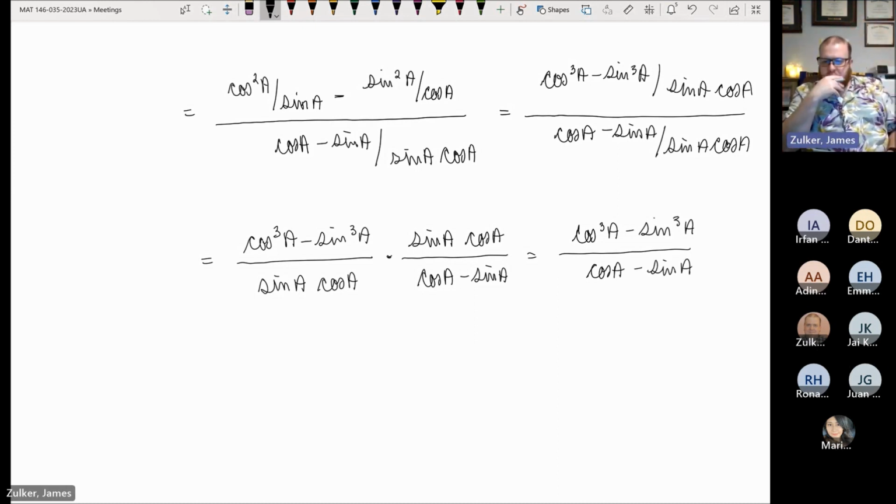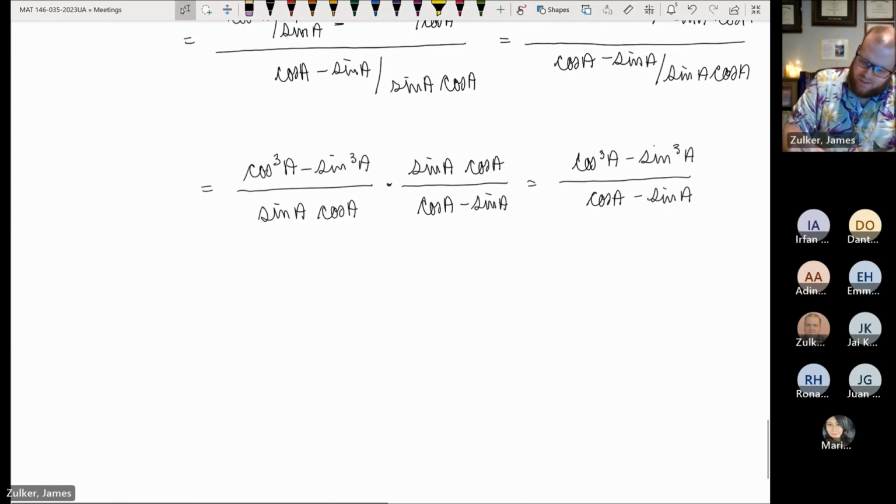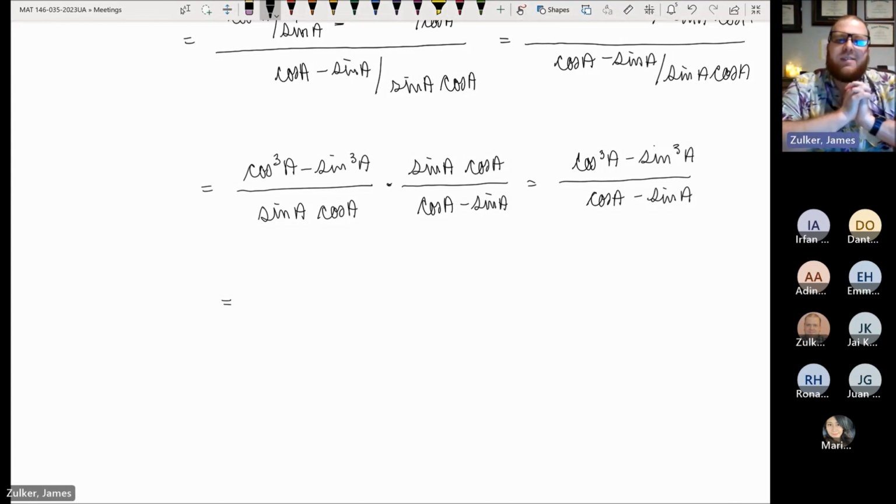When we simplify the numerator and denominator and perform the multiplication, we're going to have cosine cubed minus sine cubed over cosine minus sine, right? There is a formula for the difference of cubes.